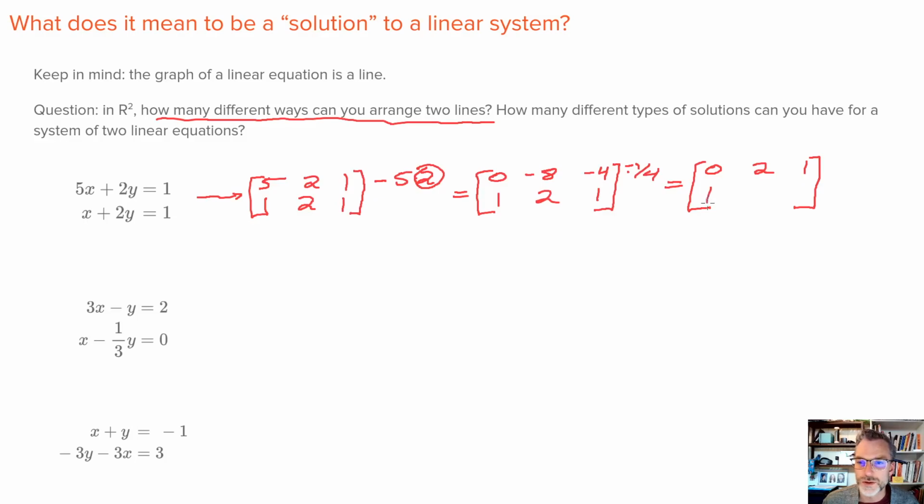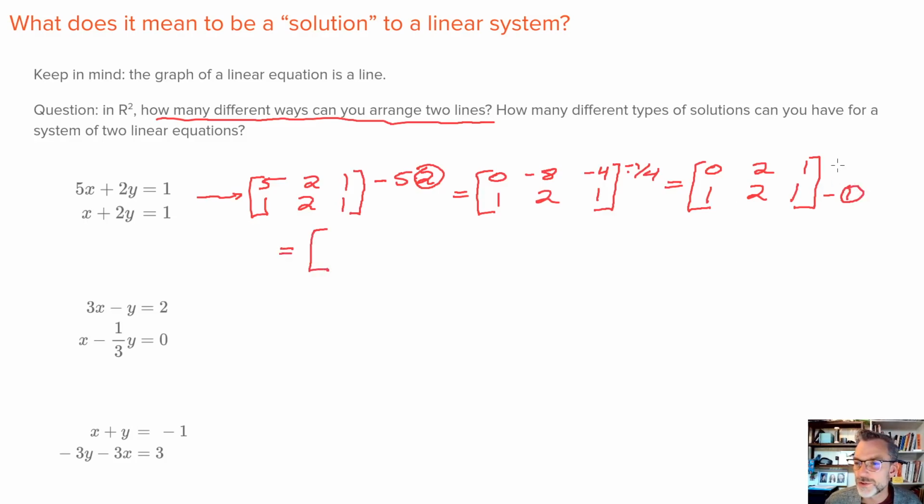Down here I've got 1, 2, 1. Now you can see why I chose to multiply the first row by negative 1/4. These middle coefficients are going to line up. Okay. So I can subtract the first row from the second.